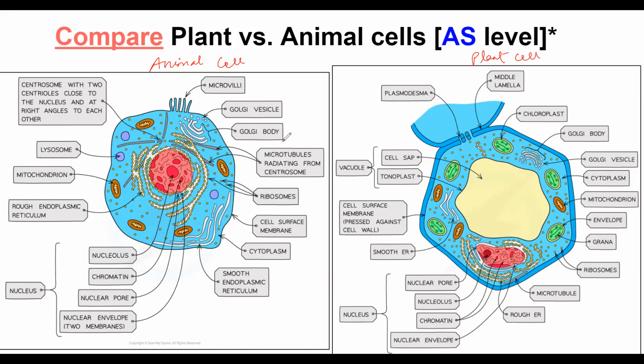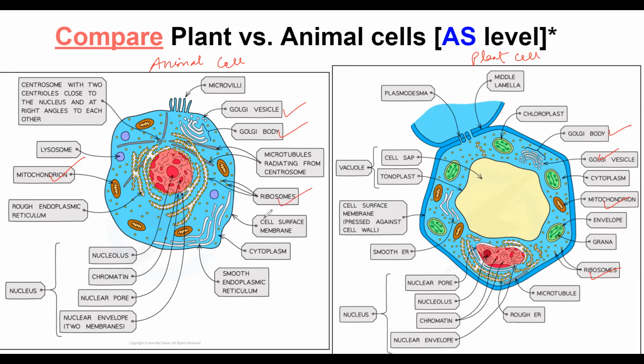Some common organelles found in both cells are the Golgi body, Golgi vesicles. You can find mitochondria. You can find ribosomes in both cases.